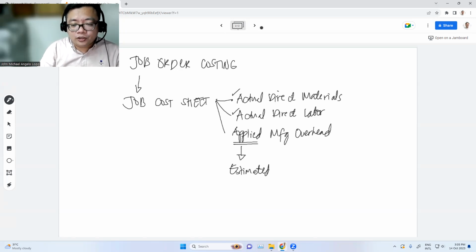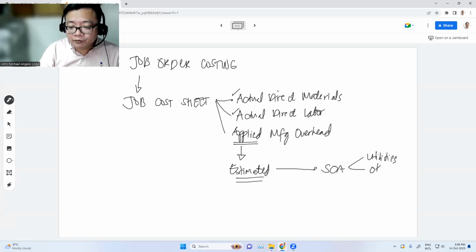Okay. My question, sir, bakit po in the manufacturing overhead, it is based on the estimated? The reason is that dahil daw yung ating SOA, Statement of Accounts, particularly our utilities and some of our other manufacturing overhead, usually dumarating ang ating SOA at the end of the month pa.